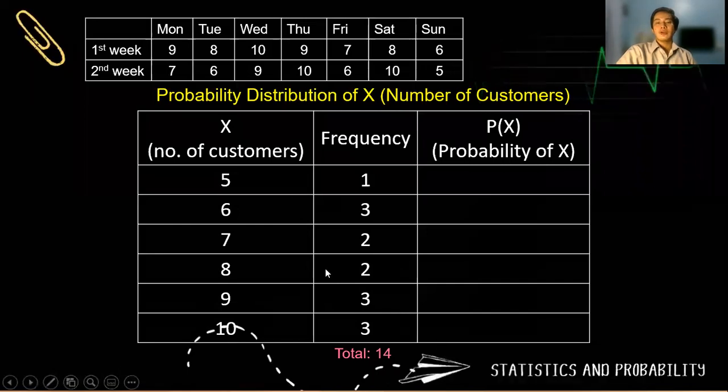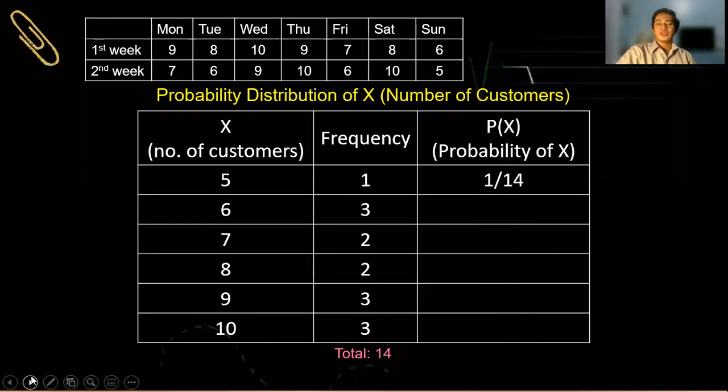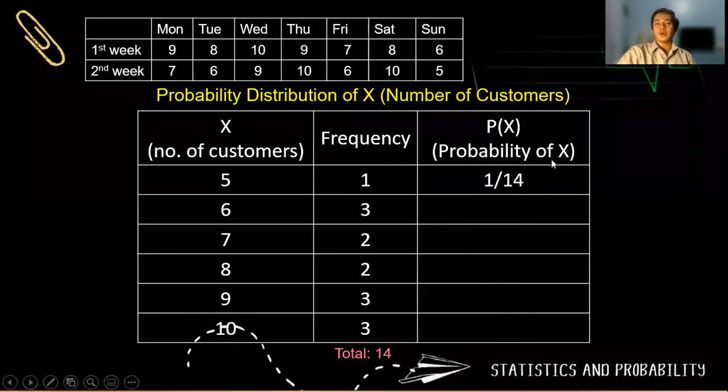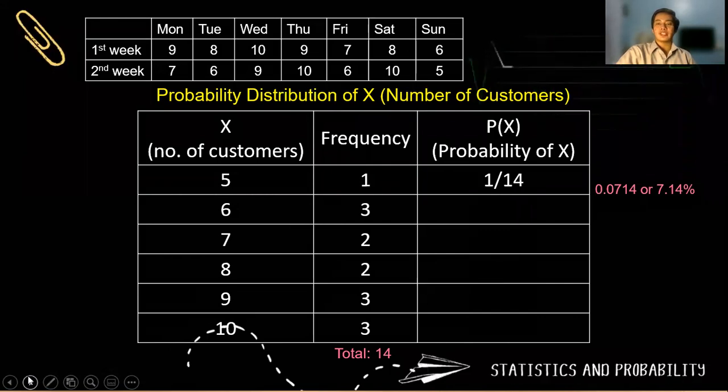So 14 now will be our denominator in writing the probability of the random variable X in the third column. For the first one, we have 1 over 14, or you can also express it in decimals, 0.0714 or 7.14%.